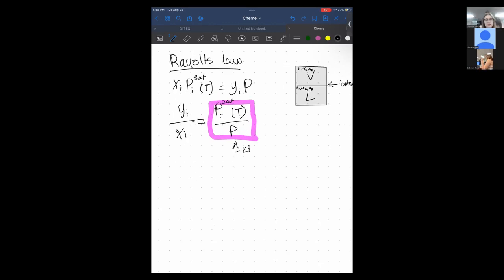Okay, so for our Ki constant, we're going to have a distillation chamber with phases between our vapor and our liquid, right? And these are going to flow in between each other.